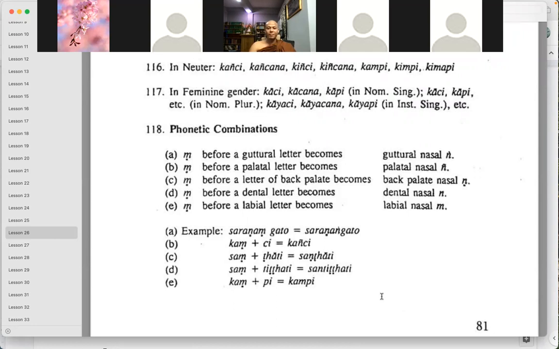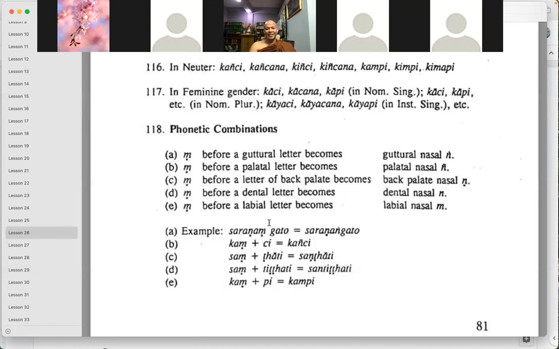So when the letter M stands before the guttural, dental, or labial letters, it will change following this principle. There are a lot of letters relating to those groups, so we have to remember them, otherwise we cannot do it correctly.